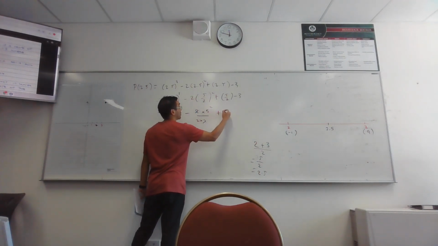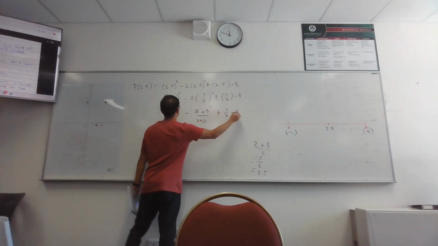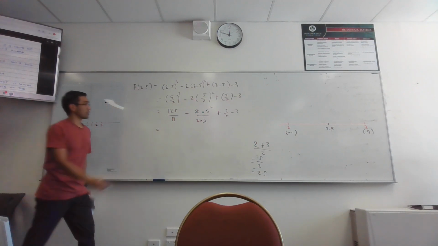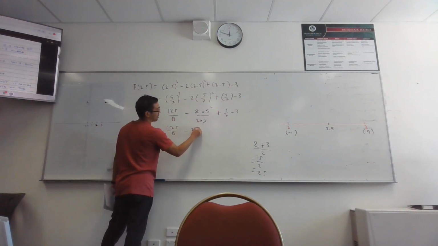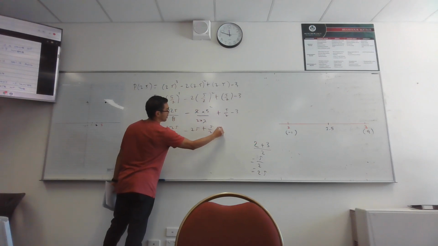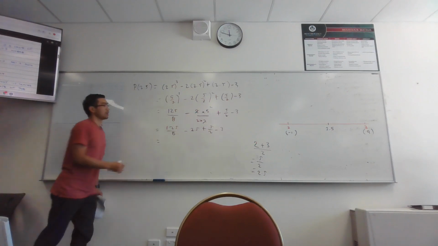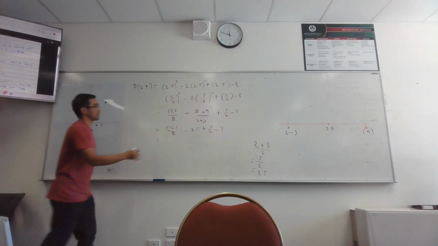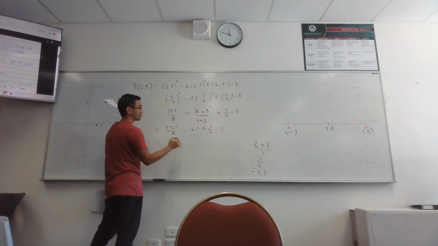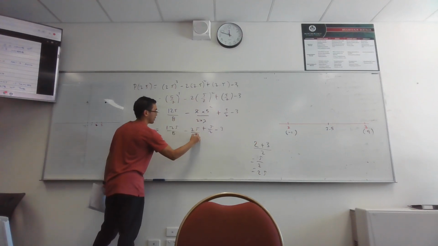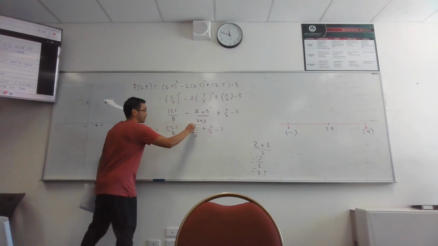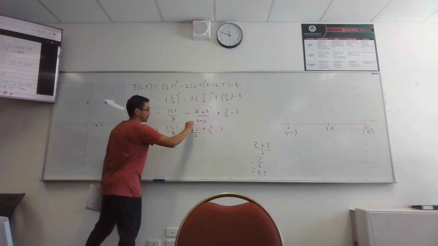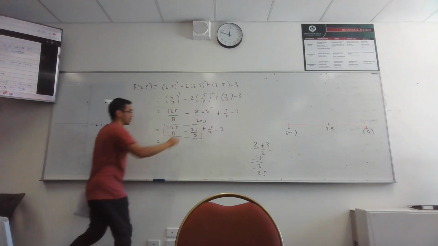You've got your 5 on 2 minus 3. You've got to keep going. 125 on 8 minus 25 plus 5 on 2 minus 3. There's many ways you can do it.